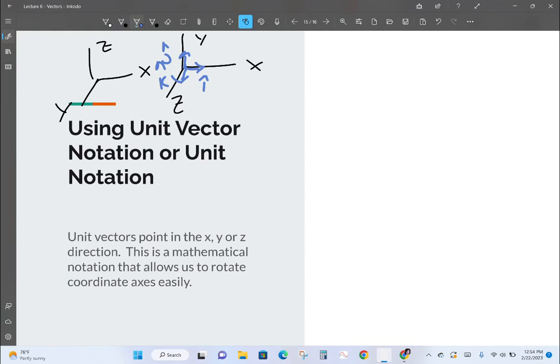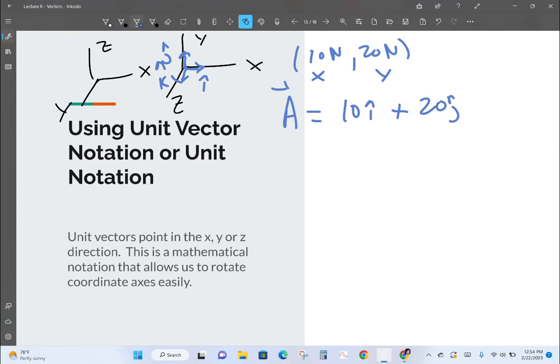So let's say that you have the vector 10 newtons and 20 newtons. Remember, this is my x and my y. If I wanted to write this vector, let's just call it vector A, I could write it as 10 in the i direction plus 20 in the j direction, and there is no k direction for this.